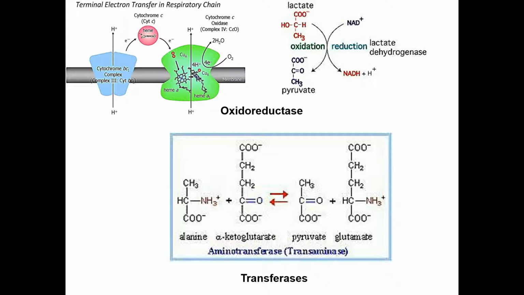The whole function of cytochrome C oxidase is that it's involved in oxidation reduction, transferring of electrons from one molecule to another. In this case, cytochrome C oxidase transfers electrons from the protein here to oxygen. This is the final step in the electron transport chain, where these electrons are transferred to oxygen and you get water as a byproduct.